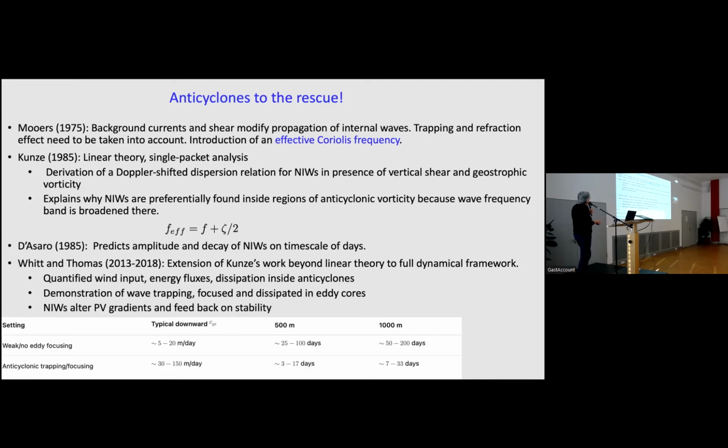When you do have anticyclonic trapping or focusing, which effectively reduces the allowed frequencies that can propagate, you get much greater group velocities, from 30 to 150 meters a day, which is significant. It can only take a week to a month to get down to 1,000 meters.